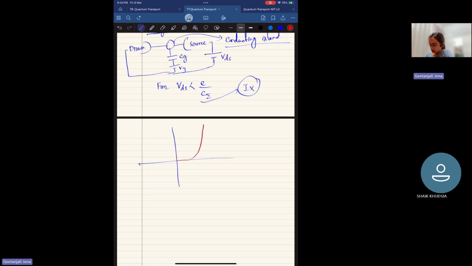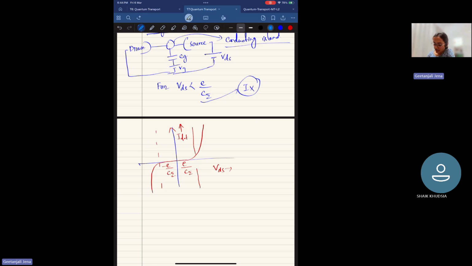There will be an increase in the current only after a threshold voltage, which is e/Cσ on either side. So this is the response to the source and drain voltage. We will get a graph like this.